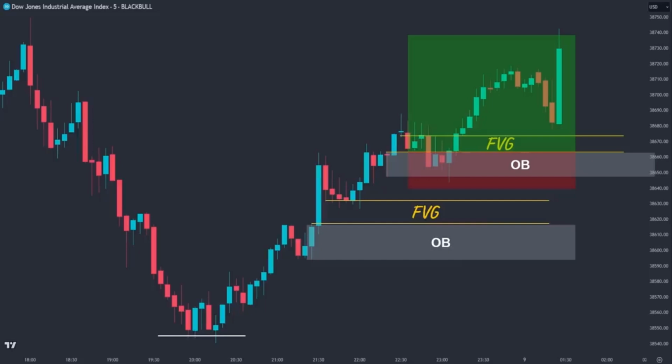Remember, it's vital to understand the significance of risk management in trading. One key principle is to limit the amount of capital you risk on any single trade to around 2–3%. This means that even if a trade goes against you, it won't severely impact your overall account balance. By adhering to this rule, you're protecting yourself from significant losses that could jeopardize your trading capital.